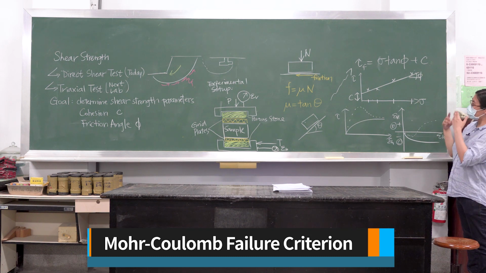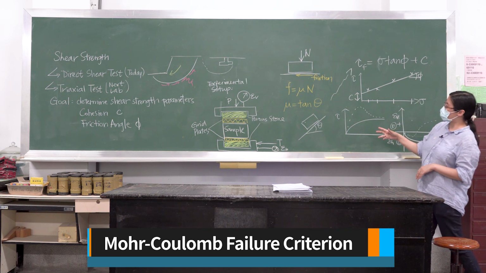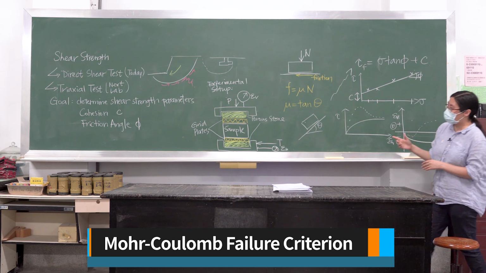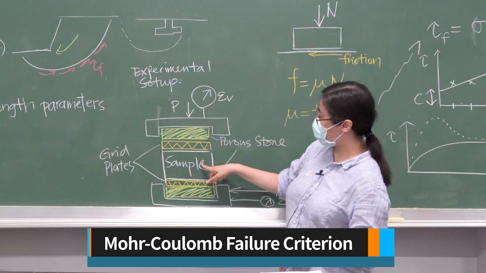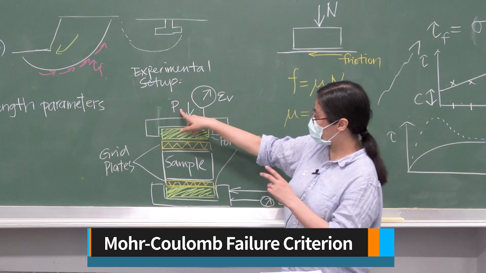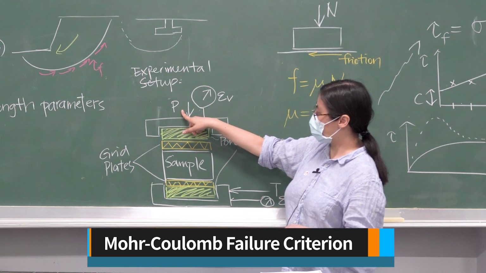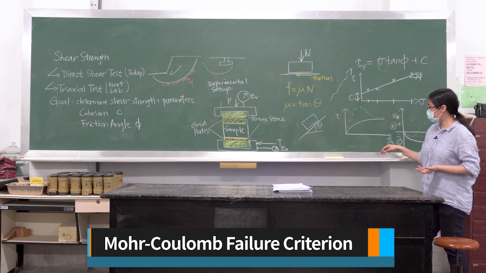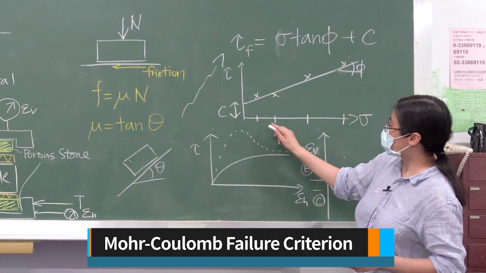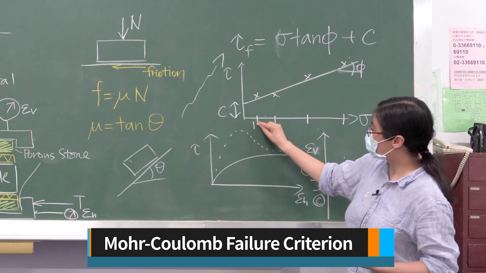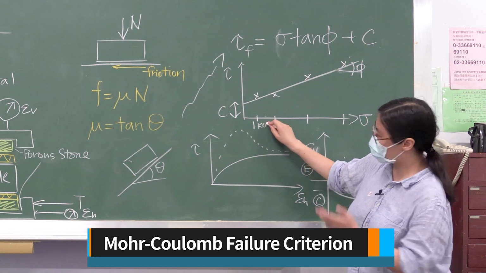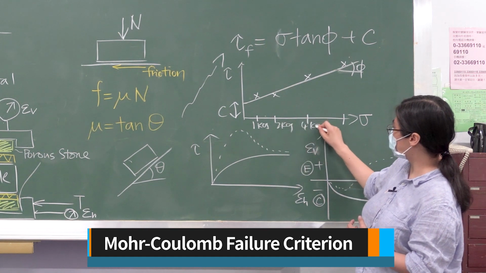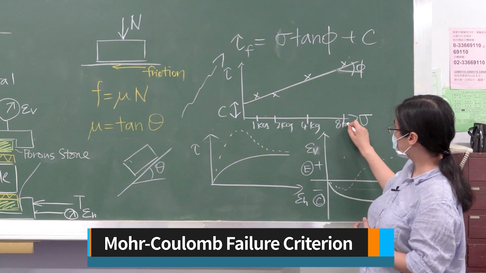Okay, so for this class, when you perform the direct shear test, what we are going to do is apply different loading to the sample. This P indicates the amount of loading. If you look at this graph, for the test that you are going to perform, we are going to apply 1 kilogram of P, 2 kilogram, 4 kilogram, and 8 kilogram.